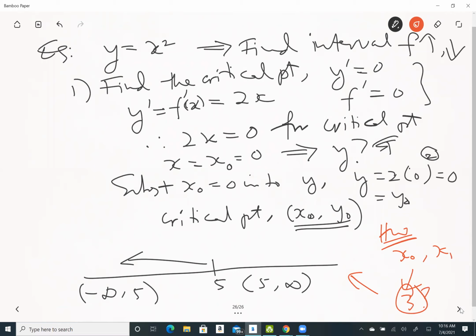I have 2 intervals. Now you want to determine over which interval the f prime is positive, over which interval the y prime is negative. And we know at that point, f prime is 0. Sometimes it's systematic that you make a table. So you table it up.